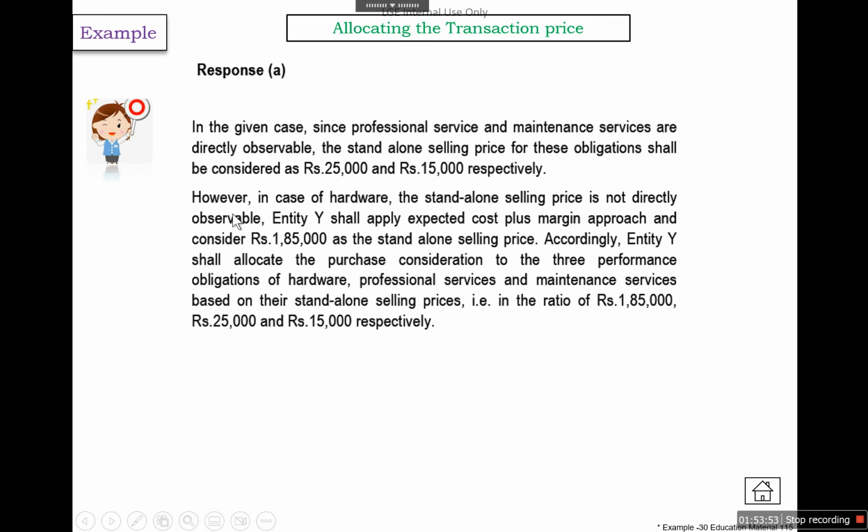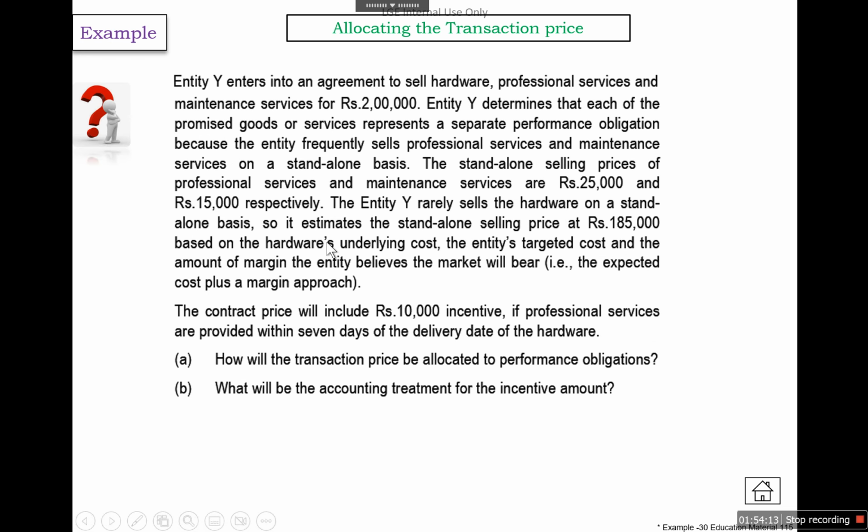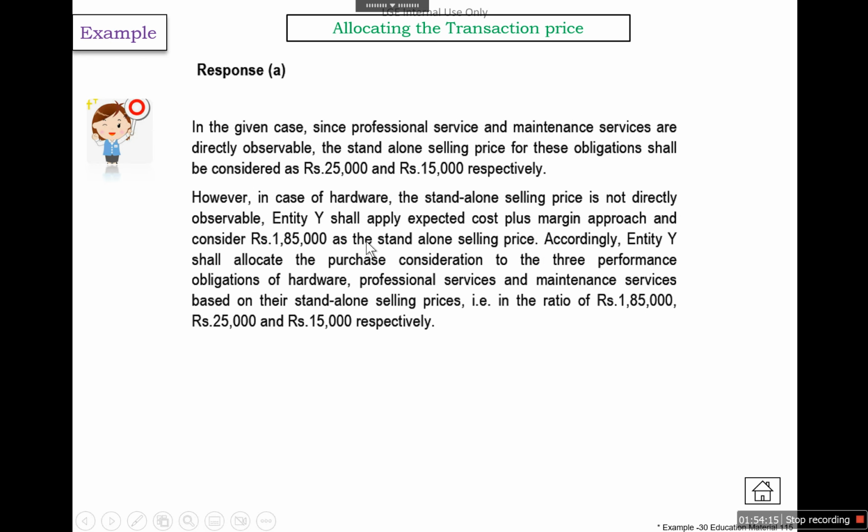In the given case, since the standalone prices of the professional services and maintenance services are directly observable, they will be considered 25,000 and 15,000, and on a cost basis 1 lakh 85,000 for the hardware.